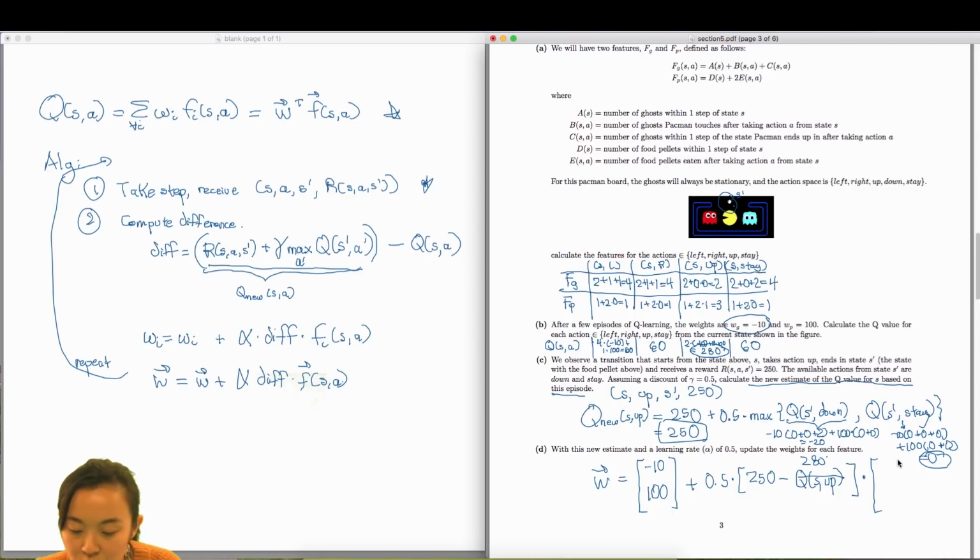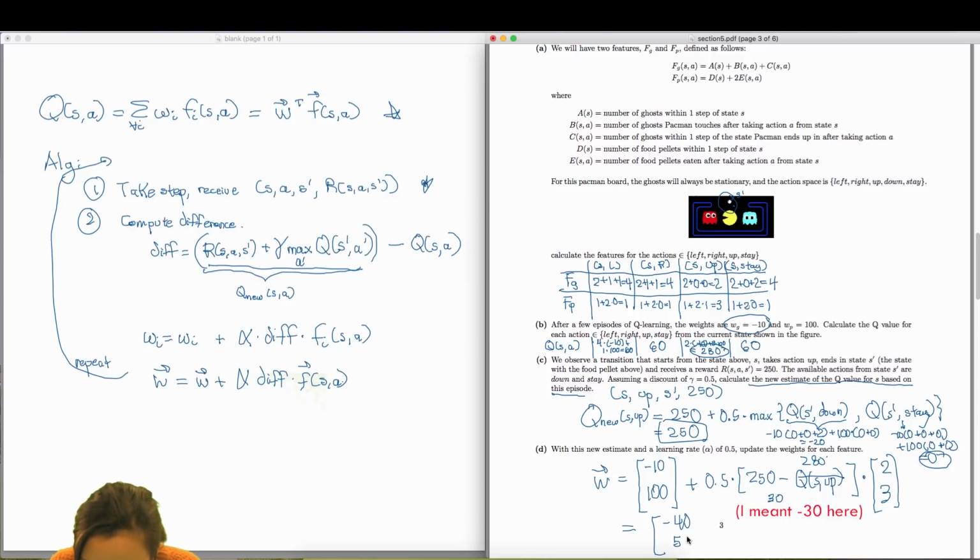These are each of the features for state up. Feature G for state up is 2, and feature P for state up is 3. And so ultimately, that's going to give us, and this is 30, -40, and 55.